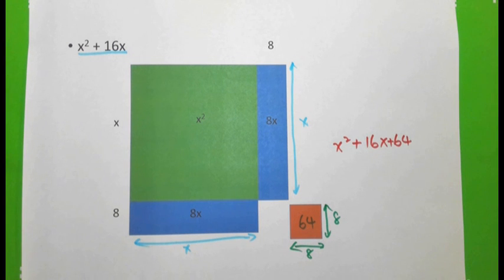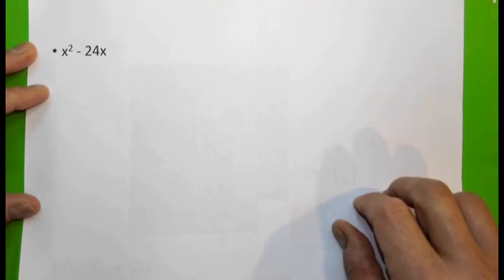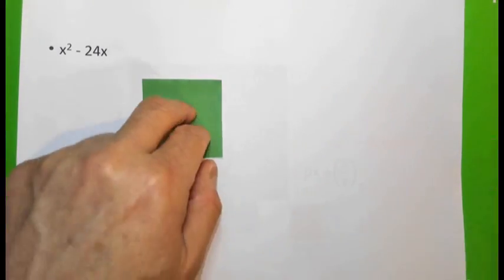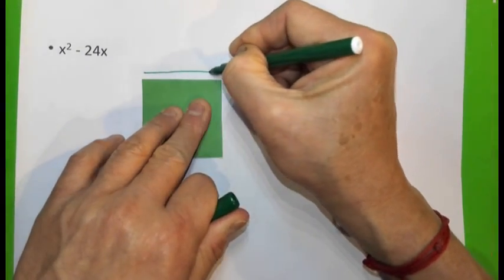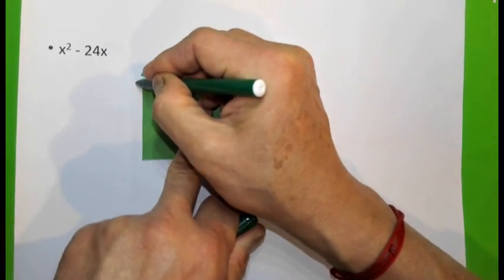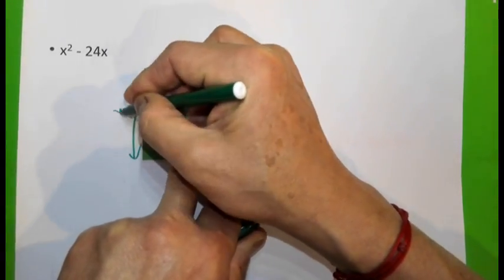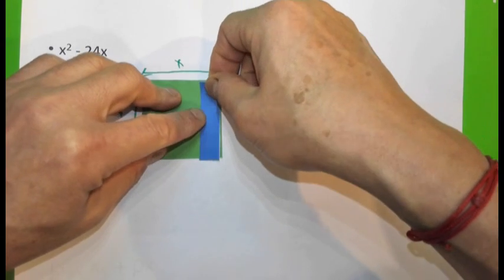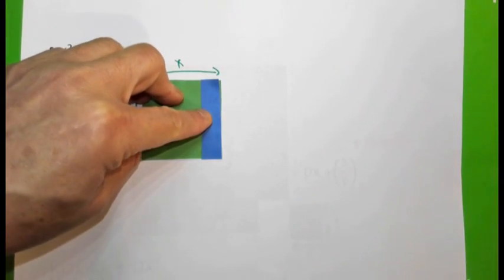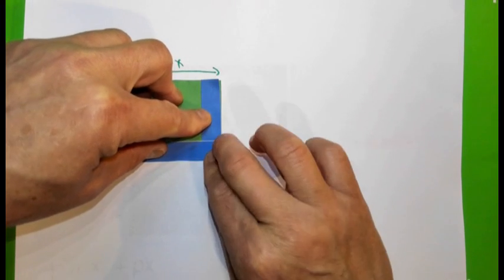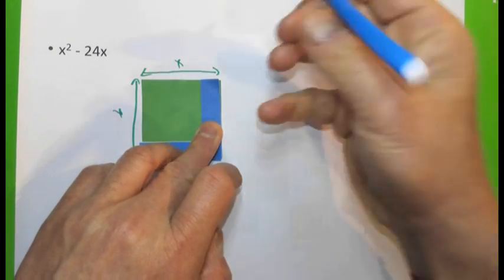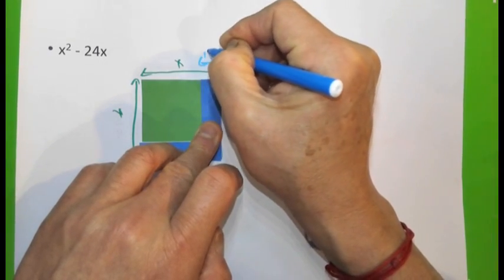Now, I want to do a slightly different example, where this time it is x squared take away 24x. Again, x squared is represented by this green bit, x and x. This time, we're going to take away 24x. So, what we do is, we put one strip in, another strip in. Okay? That strip here is actually 12.